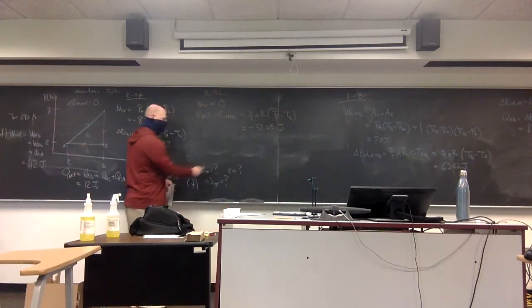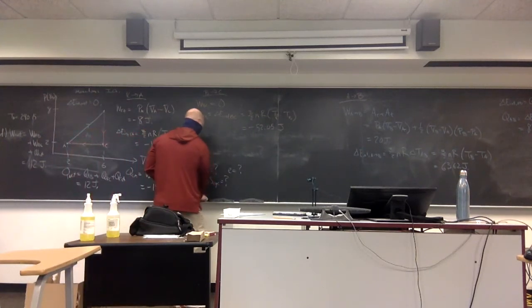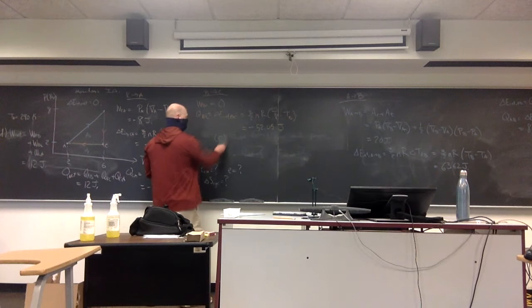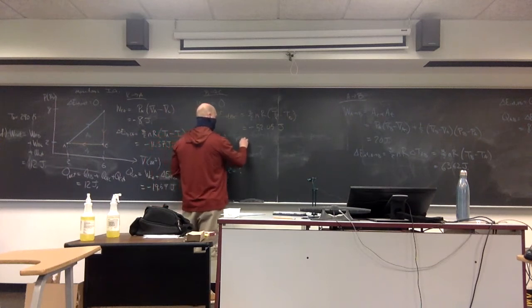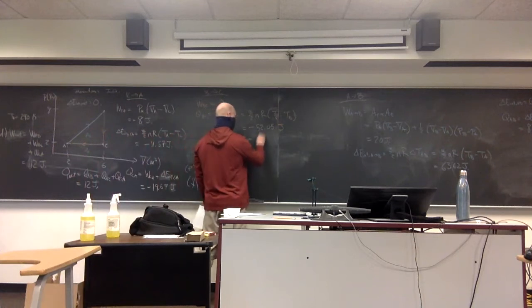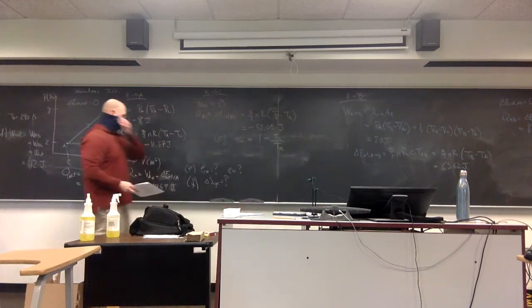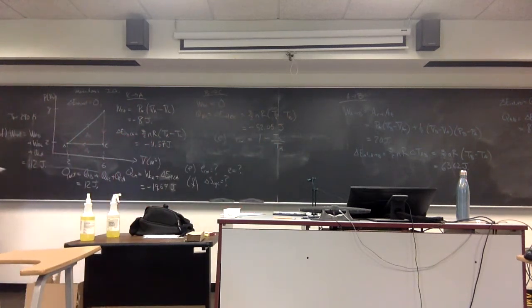Next thing we're going to look at is what's the Carnot efficiency, and then what is the actual efficiency. So let's look at the Carnot efficiency first. The Carnot efficiency is equal to 1 minus the cold temperature divided by the hot temperature. The only thing I have to do is figure out what my cold temperature and my hot temperature are.